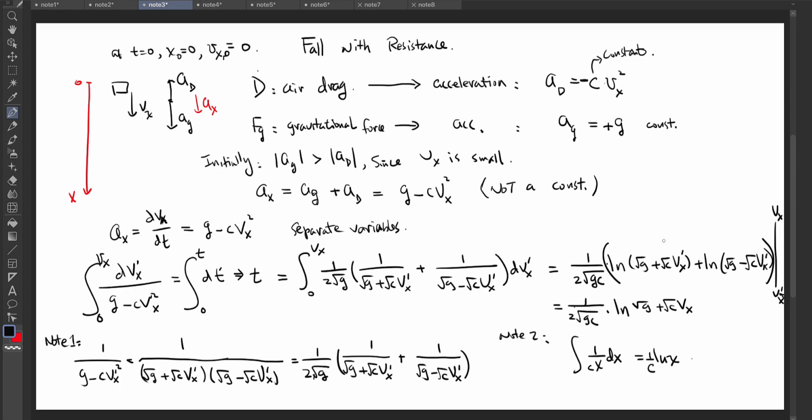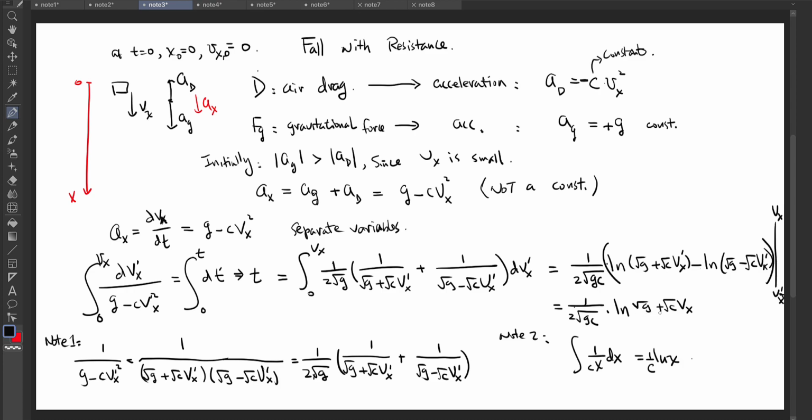And excuse me, there's a negative sign here. Yeah, I think I made a mistake here. So from this equation, you need to have, let's say, 1 over c in front of the final log. And for the second term, that's a negative sign. So we should have a negative sign here.